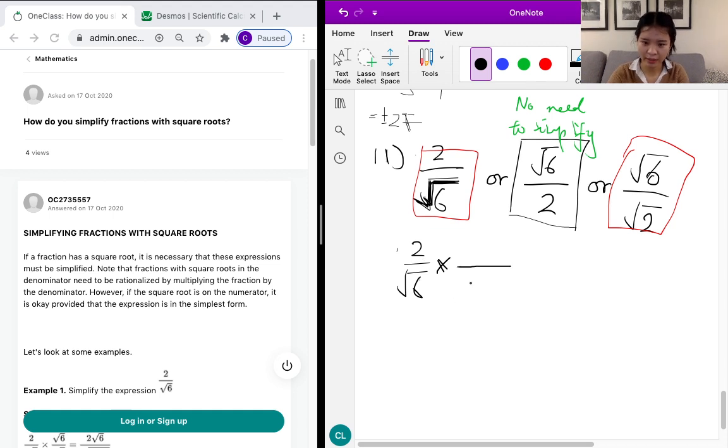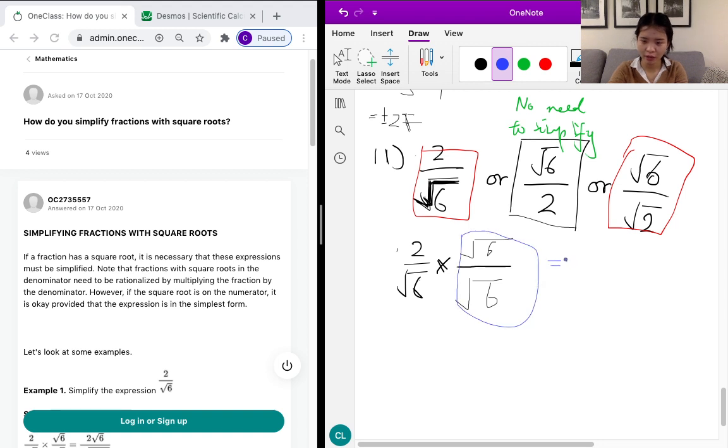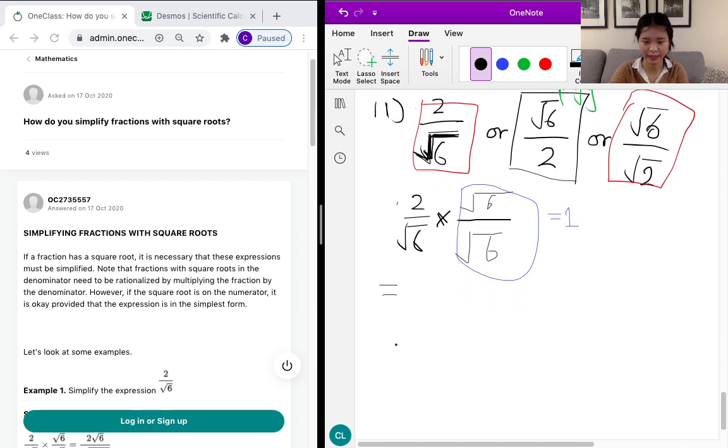We know the bottom is the square root of 6, so we multiply by another square root of 6, and we put the same square root of 6 on the numerator. So this expression right over here also has the value of 1. You're not actually modifying the value of the expression. The value of the fraction stays the same. You're just trying to simplify it by manipulating it.